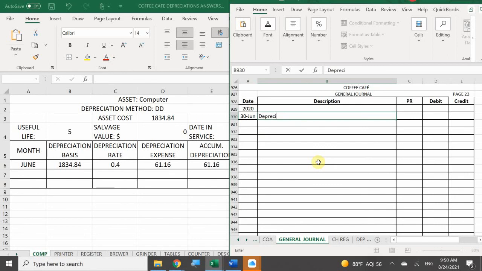Good. Now, let's take a look at the accumulated depreciation. It's one for each and every single one of the assets that we have here. So depreciation expense, what account number is that?